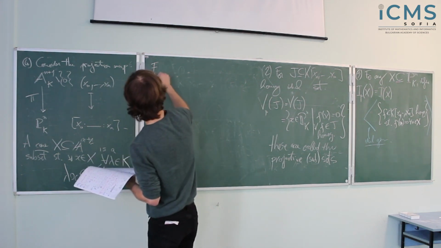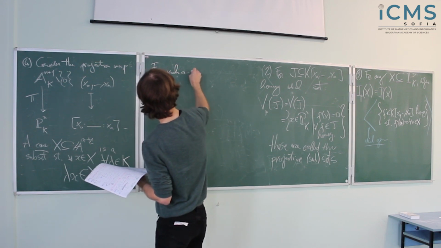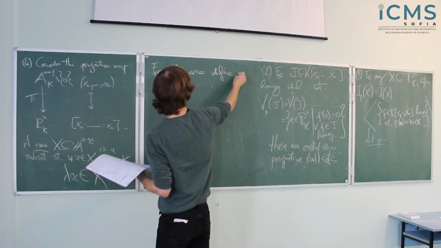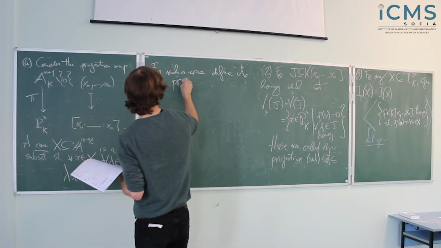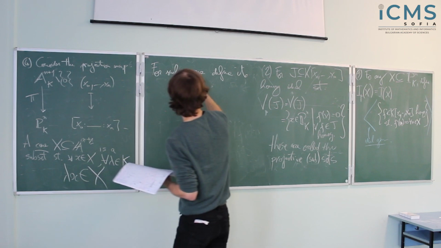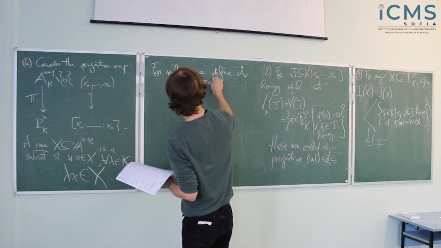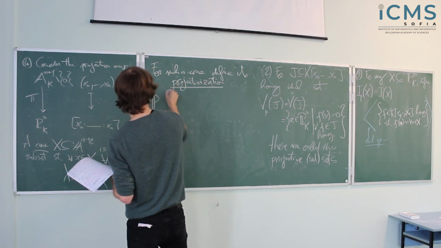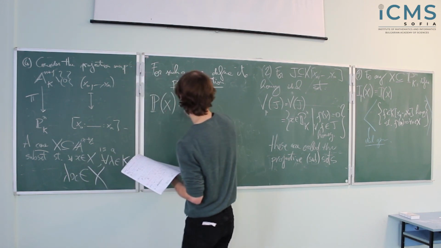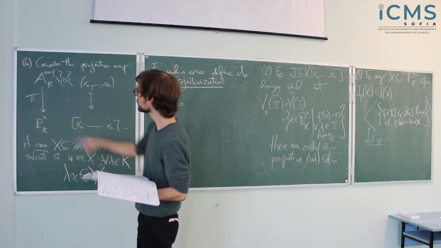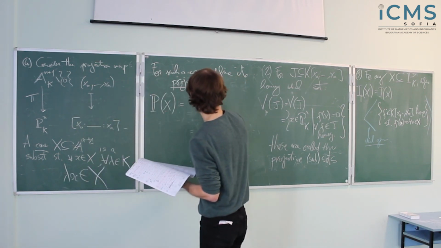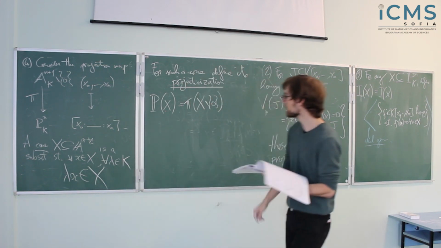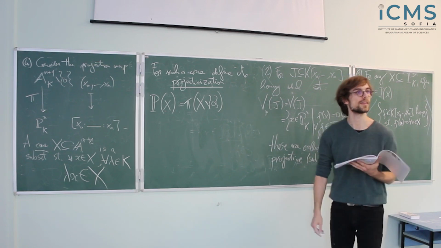Okay, so for such a cone, define its projectivization. Okay, so what is this? Well, it will be P of X. So I will need to get rid of 0, because then I'll just take P of this thing.